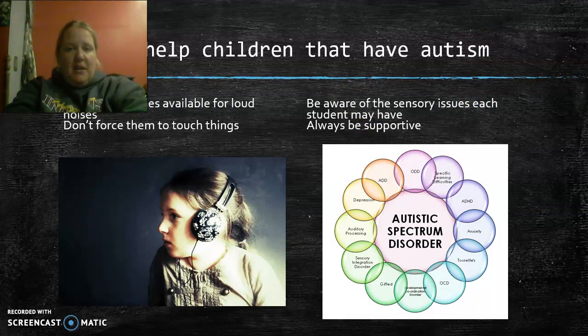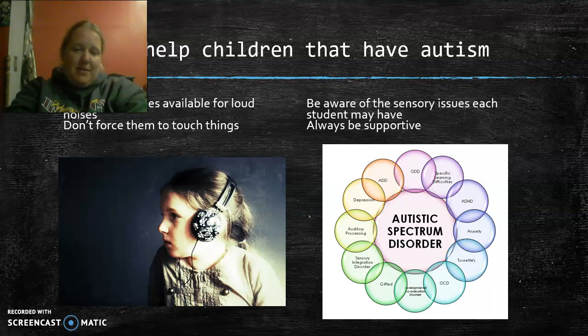How to help kids that have autism. So autism is very common, and these kids have sensitivity to all kinds of things, loud noises, touching things, all kinds of stuff. So just make sure that you have what you need to accommodate that.